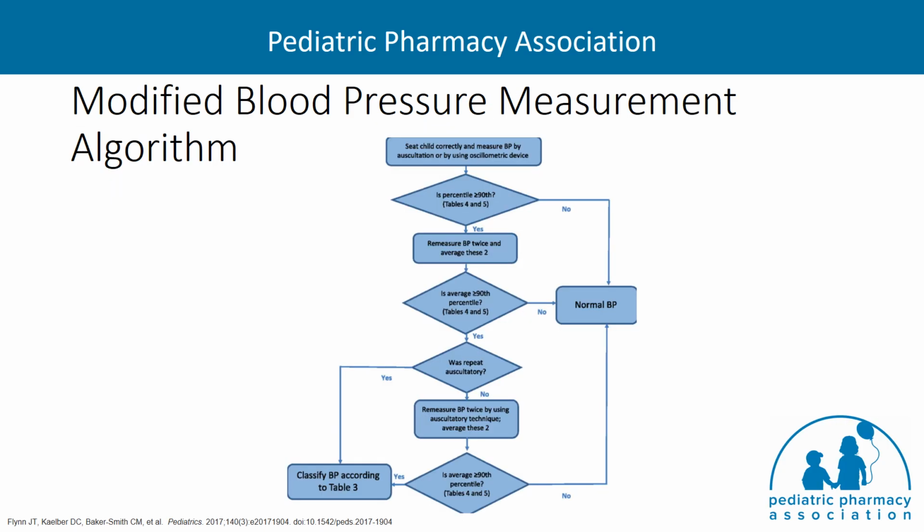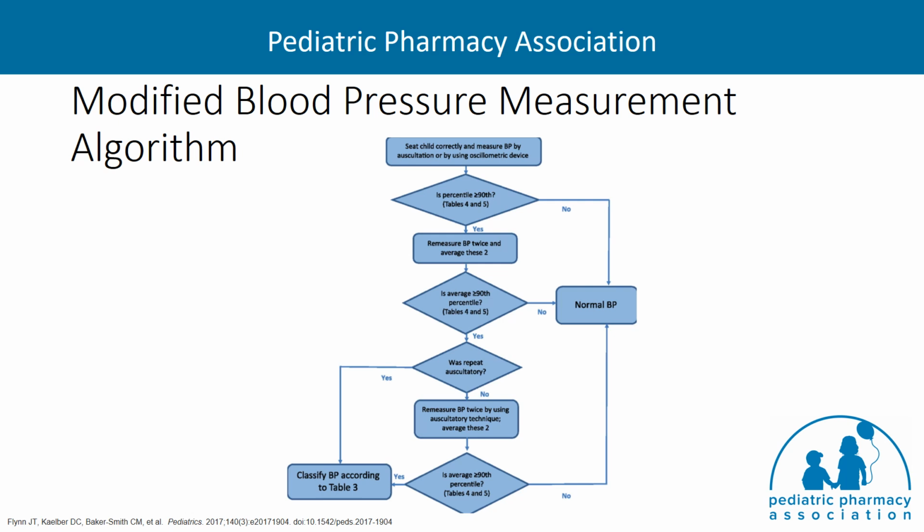When evaluating blood pressure to classify a child's blood pressure, the guidelines discuss ensuring the child is seated correctly, using either auscultation, which is manual blood pressure, or an automatic blood pressure cuff to measure blood pressure. The blood pressure should be measured twice if greater than the 90th percentile to get an average of the two blood pressures.